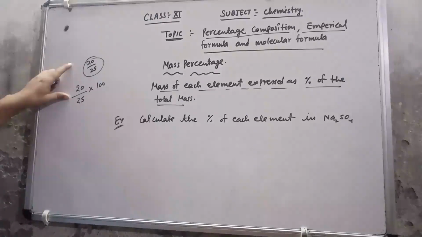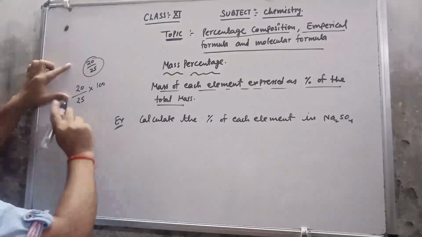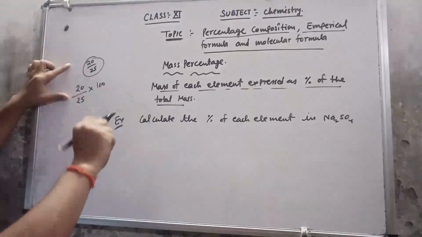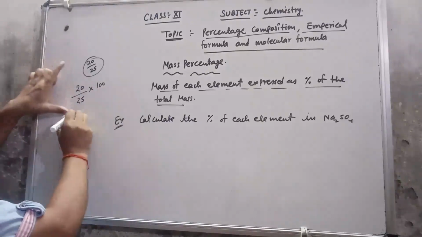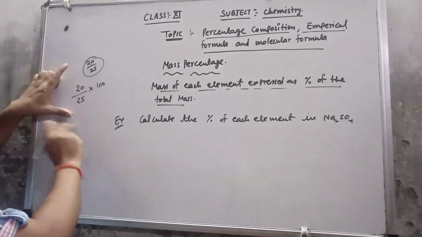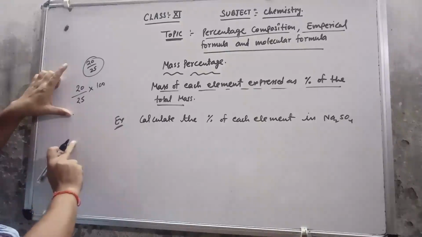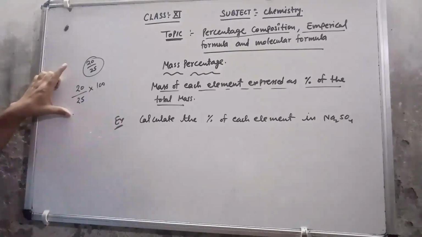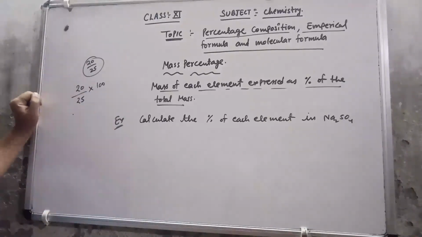The same way, to find the mass percentage of an element: the mass of the element whose percentage I want to find, divided by the total mass of that substance, multiplied by 100.